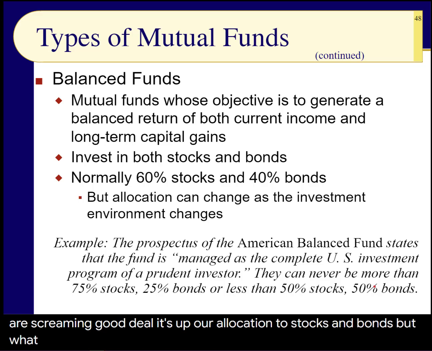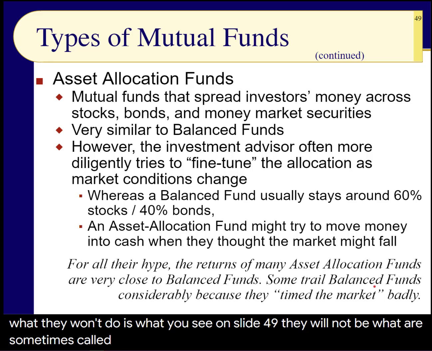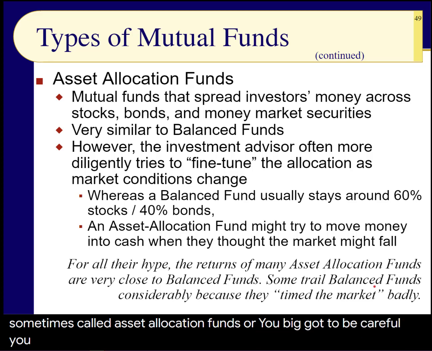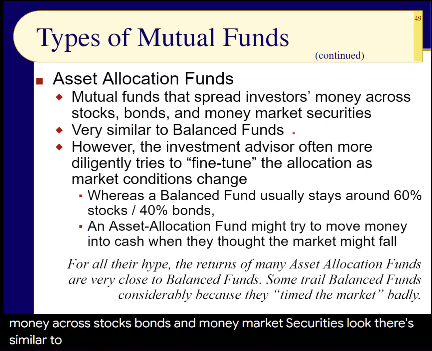But what they won't do is what you see on slide 49. They will not be what are sometimes called asset allocation funds or strategic balance funds. You have to be careful. You have to read carefully. These are mutual funds that spread investors' money across stocks, bonds, and money market securities. Look, they're similar to balance funds.